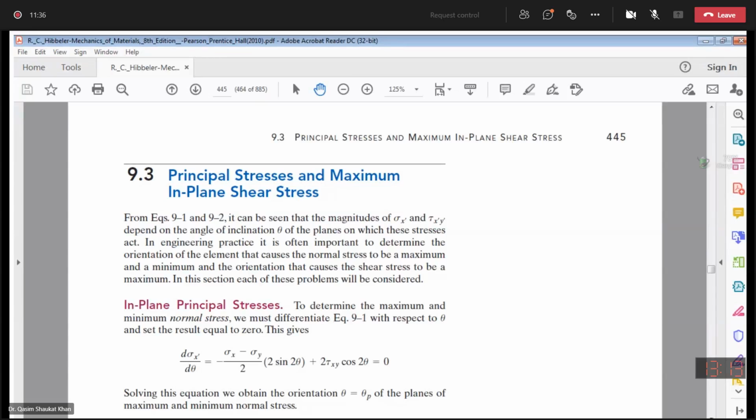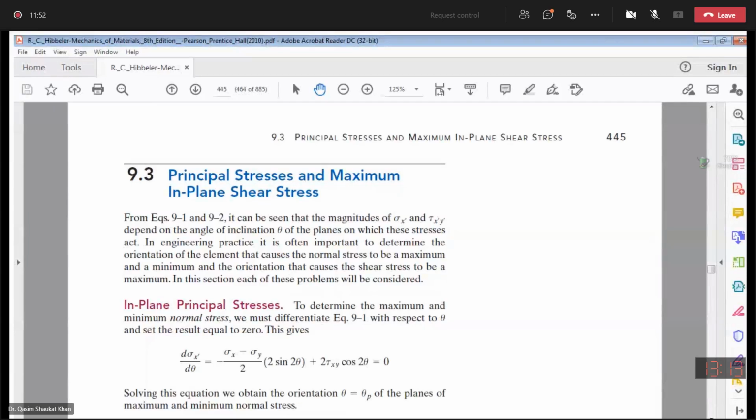And then we have to calculate the orientation of the shear plane over which you will get the maximum in-plane shear stress. Last time we covered half of it. We have done the principal stresses.